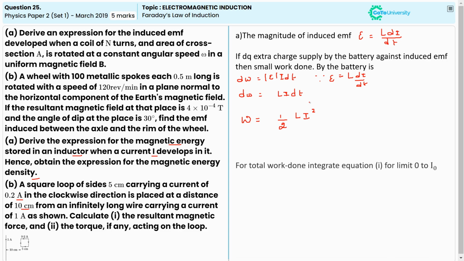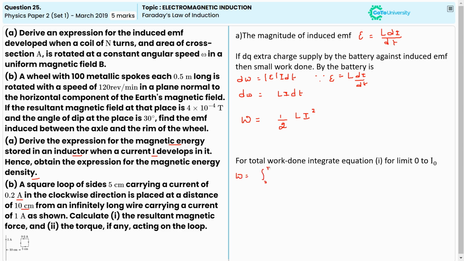Then for total work done, integrate equation 1 from limit 0 to I naught. Then we will get W is equal to integration from 0 to I naught of L i di. Then we can write this as W is equal to L, taking the constant out, integration with the limits 0 to I naught of i di with respect to i.